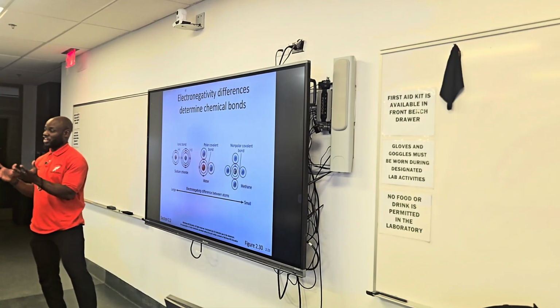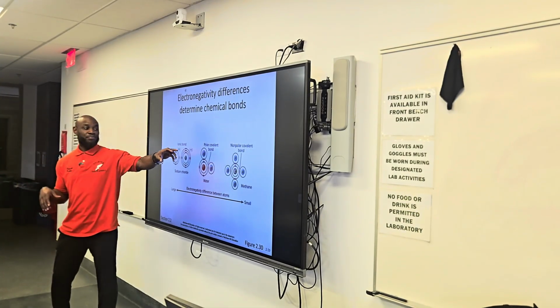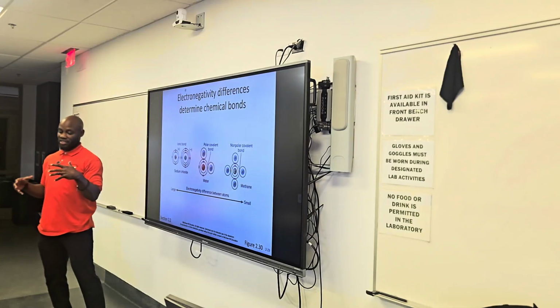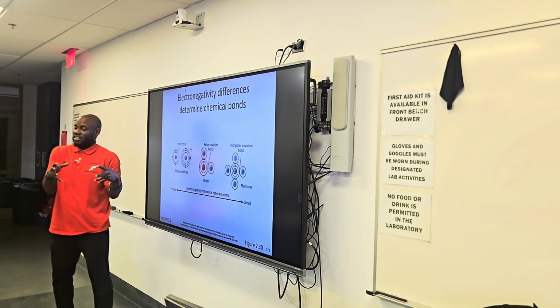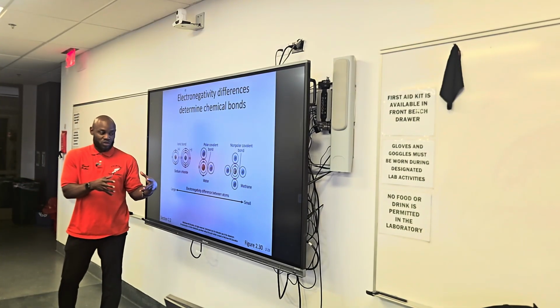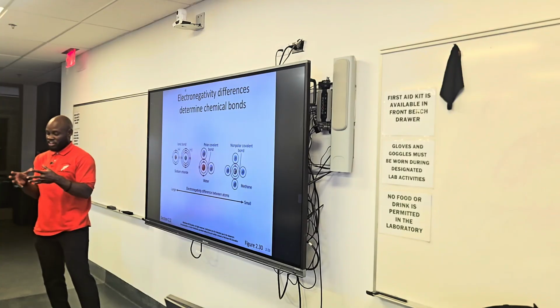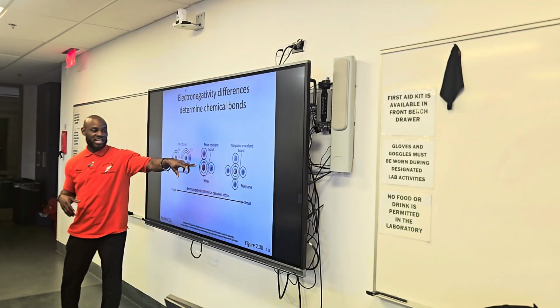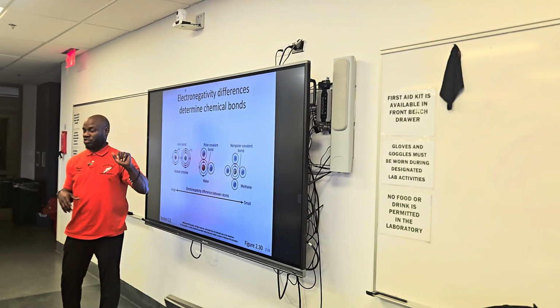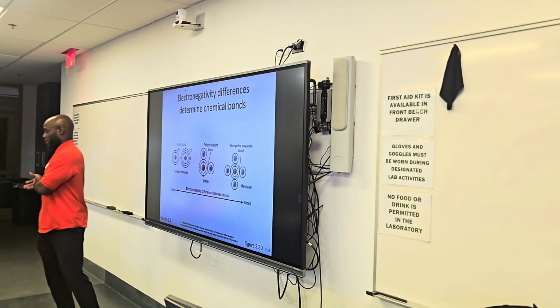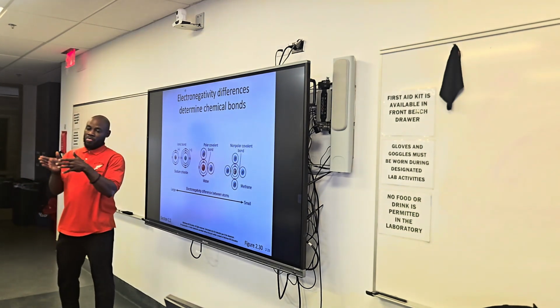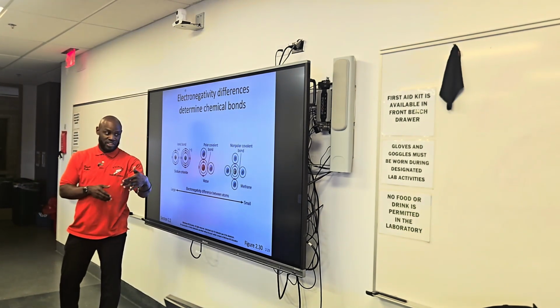Electronegativity differences can determine different types of chemical bonds, right? So in the case of water, it's considered a polar covalent bond, still covalent because they're sharing the electrons, but polar in that the electrons are spending a little more time towards one than the other.